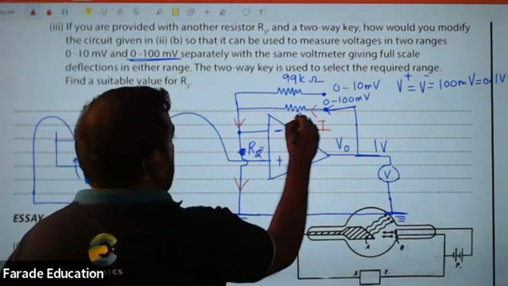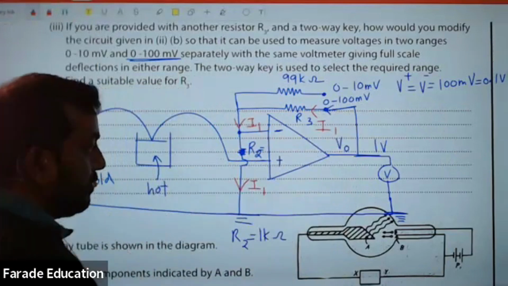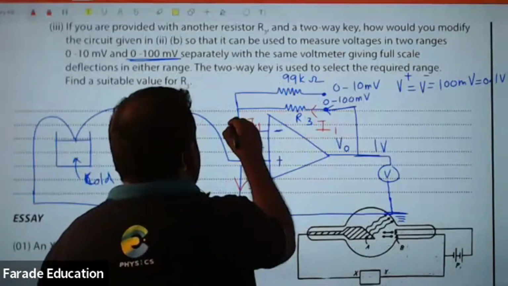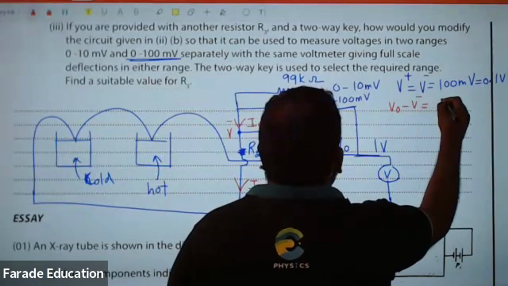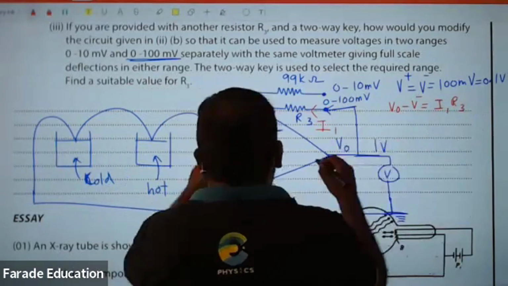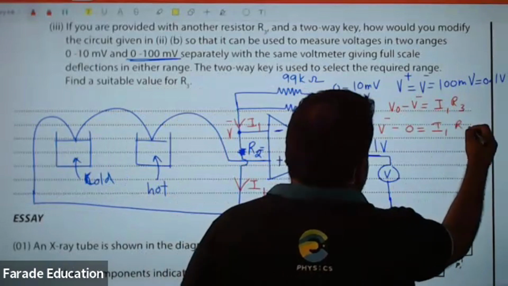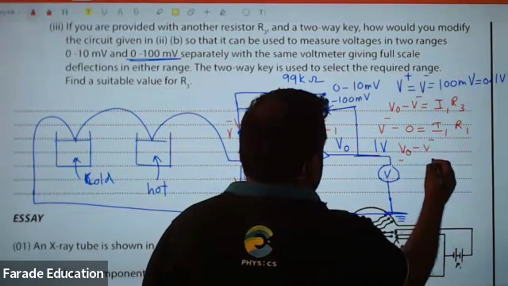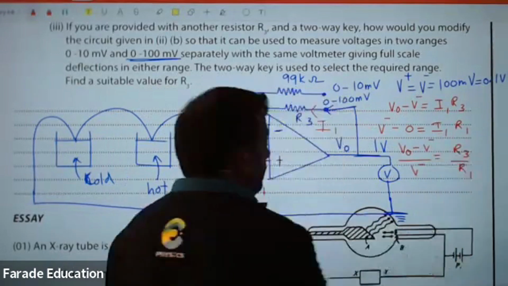No current input. Here current is I1. Solving from basic: V output minus V minus equals I1 times R3, and V minus grounded equals I1 times R1. Dividing, V output over V minus equals R3 divided by R1.